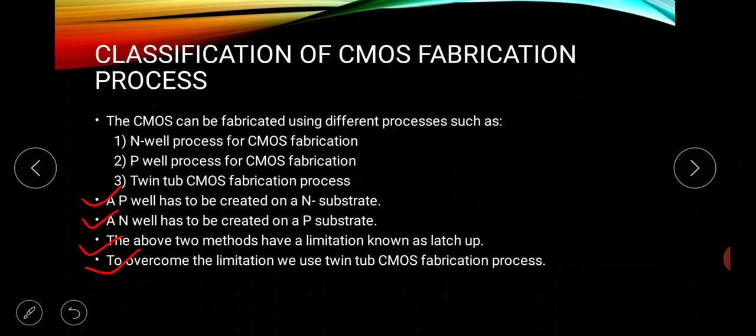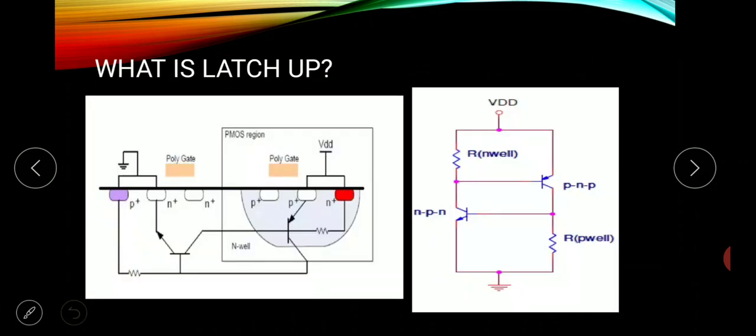So what is latch-up? Latch-up is a low impedance path between the power supply and ground. Latch-up generates excessive current, due to which the entire circuit gets damaged. CMOS circuits use NMOS and PMOS transistors to create the circuit functions.